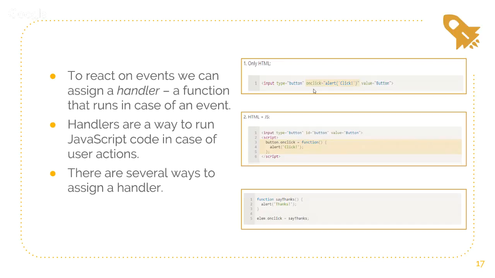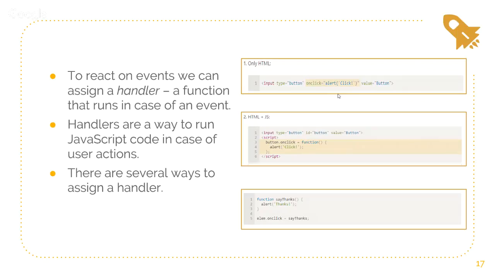In this case, we just send an alert like we saw before, saying click. This method, however, is not very convenient, and most of the time we want to have a complex function as a response to an event instead of just alerting the text click like we do here.